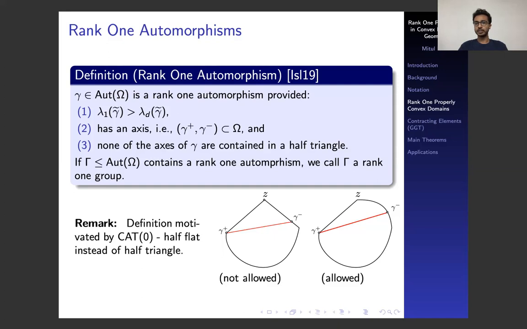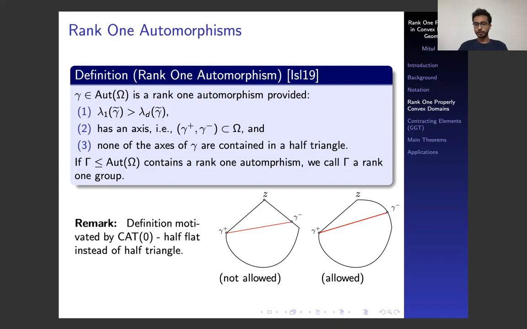And the third condition is that none of these axes of gamma are contained in a half triangle. I have not defined half triangle rigorously. Rather, I want to explain it using pictures here. If you look at the bottom right corner of the screen, there's a picture that is labeled not allowed.